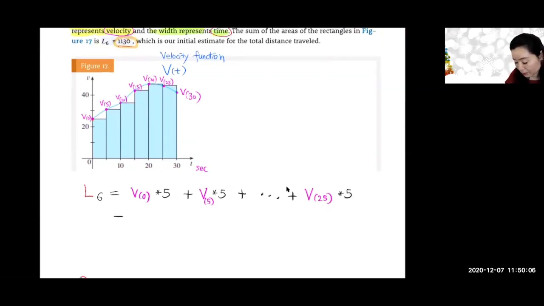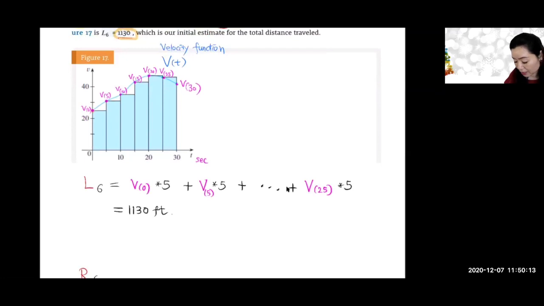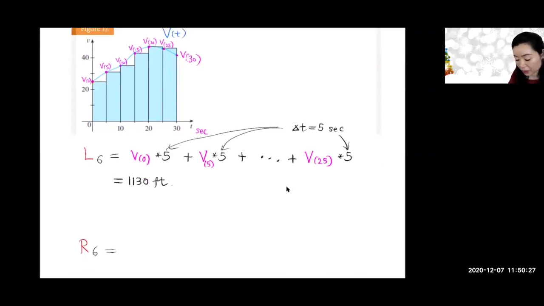And then it turned out to be 1130 feet, right? We did that already. So you see this delta T over here is equal to 5 seconds. So that's why the 5 here and also here, okay? So that is using the left endpoint.